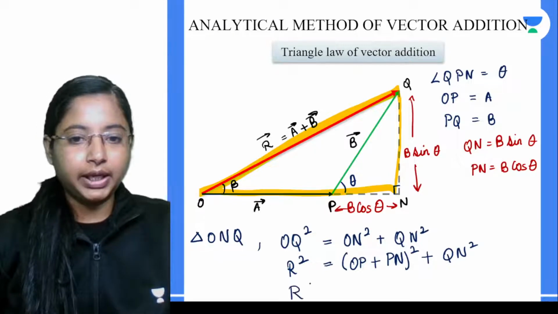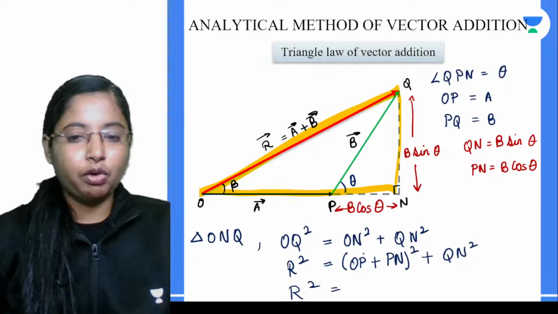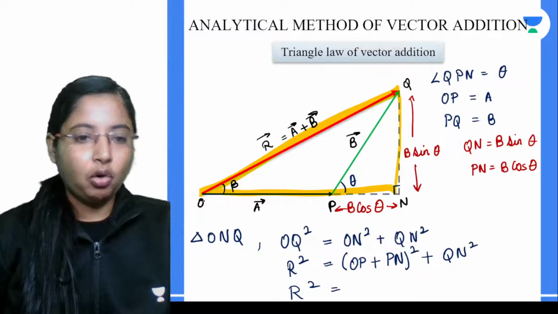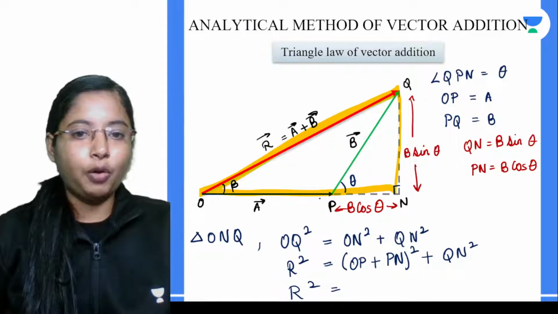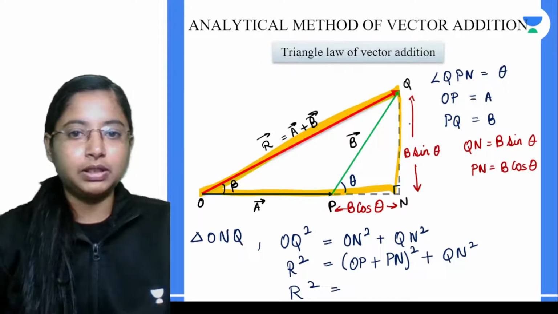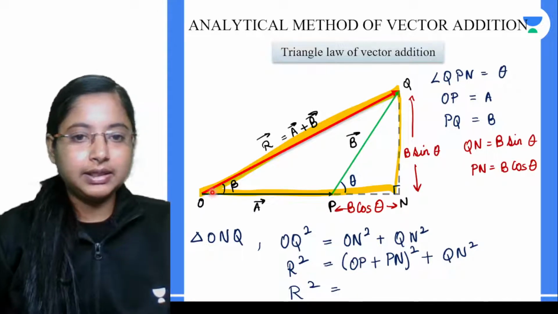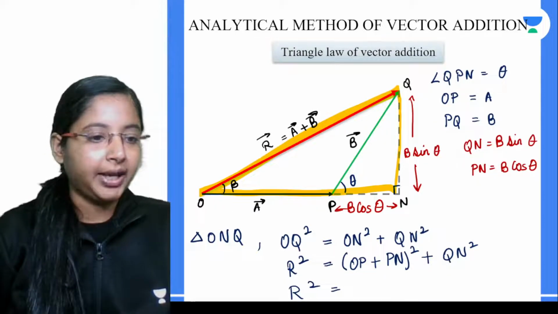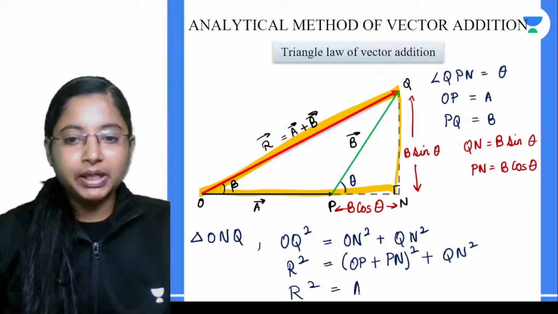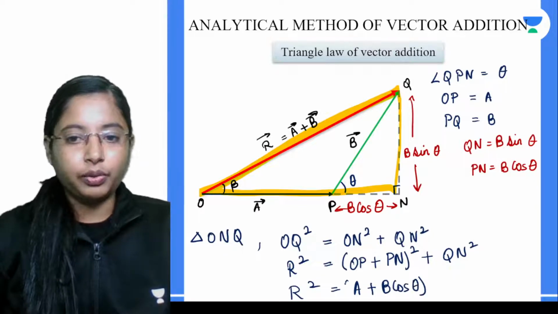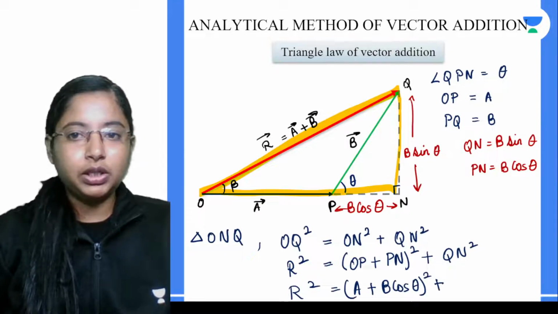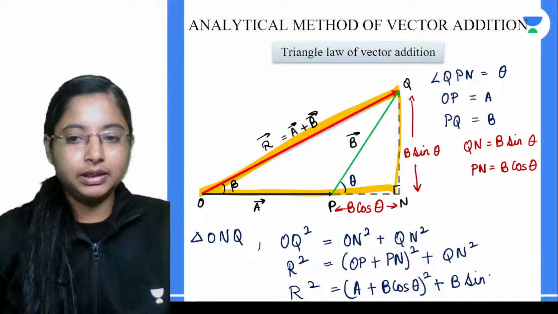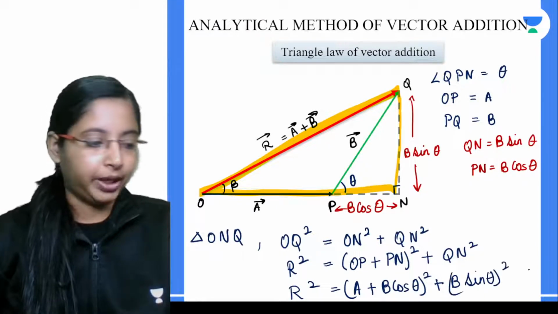So if I substitute, I get R square is equal to, OP is this length over here, which is equal to A. So this is A plus PN, we just found PN is B cos theta, the whole square, plus what is QN? QN will be B sin theta, the whole square.